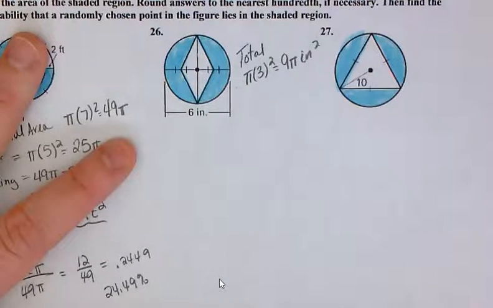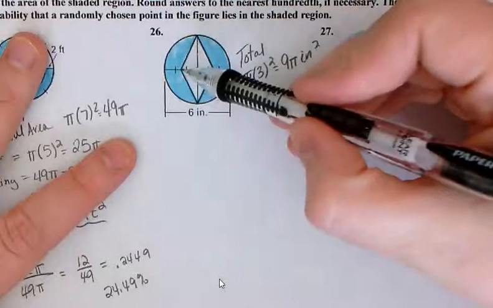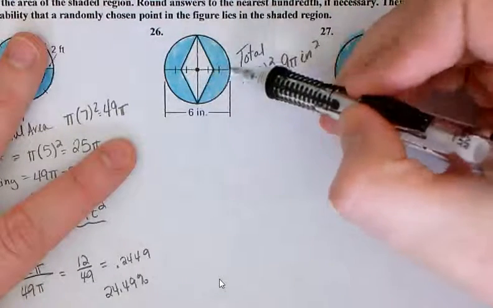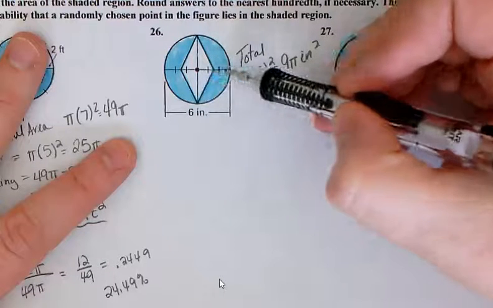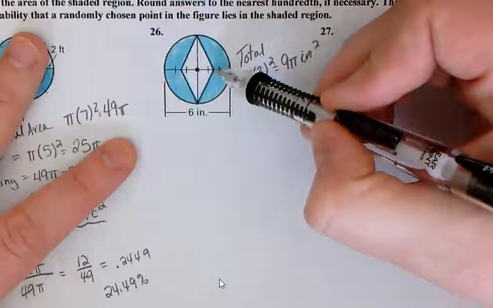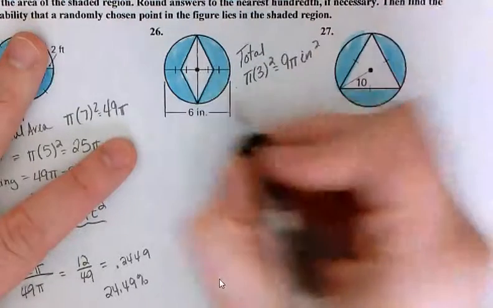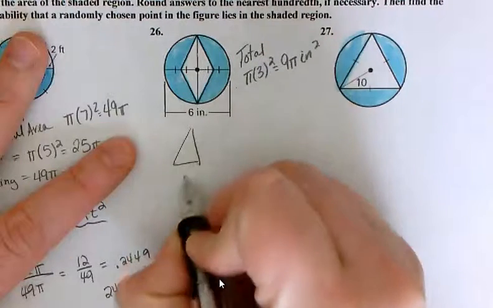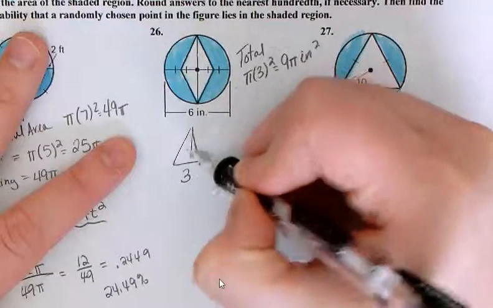Now with the total area, I got to do the cutout. So looking at this, I have 1, 2, 3, 4, 5, 6 sections, which means if I go across here, that's 3 sections. So 1.5 this way, 1.5 this way. The base of this triangle is 3, and the height from the center to the edge of the circle is 3.